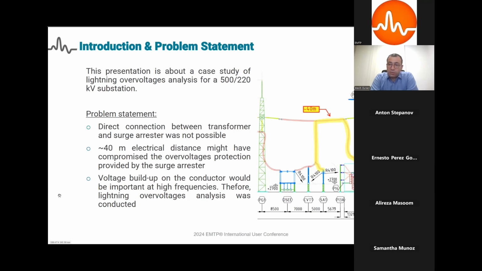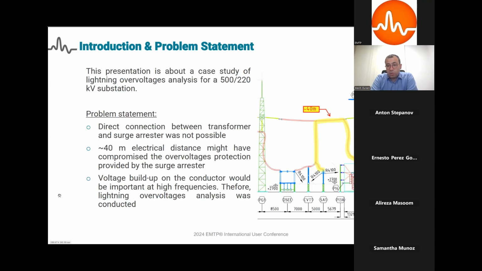For lower frequency, that is slow front overvoltages like switching overvoltages, the distance may not be an issue. Whether it's 5 meters or 40 meters, it will not make an important difference considering the overvoltage levels.